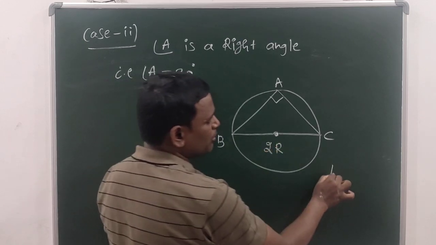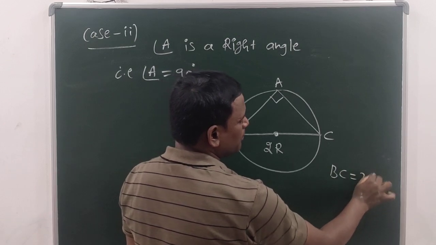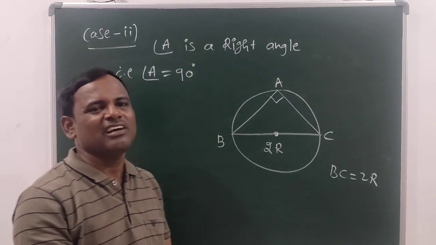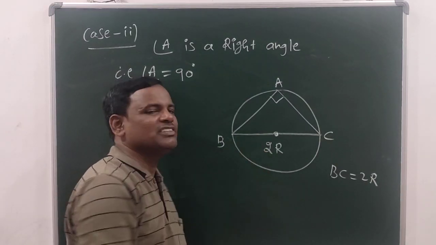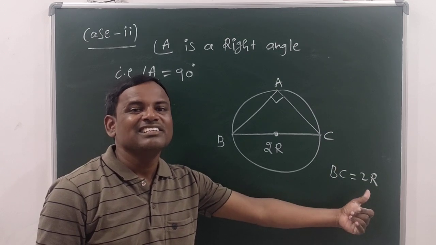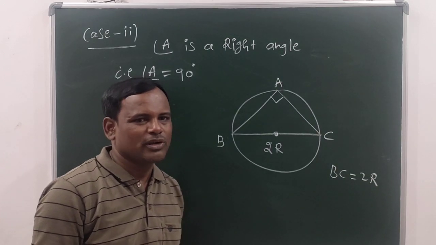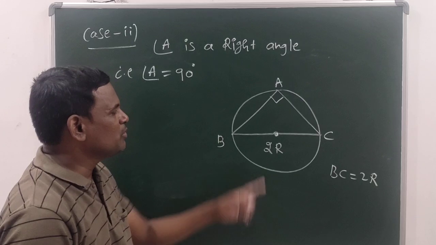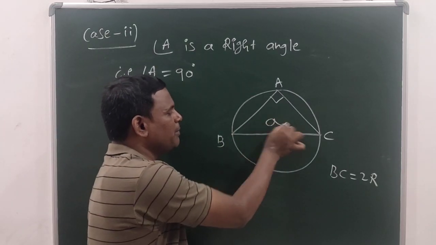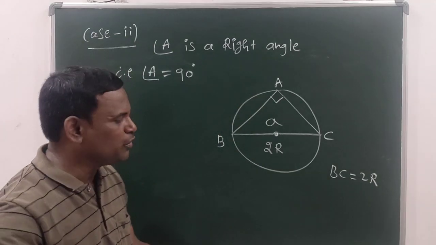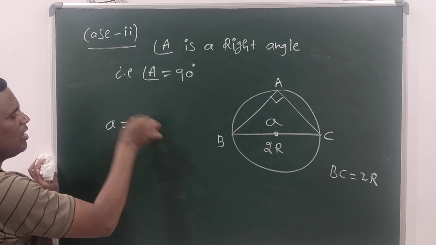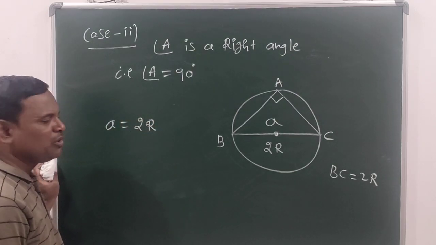So BC length is equal to 2R, because 2R is the circumdiameter, double the radius of the circumcircle. But as you know, the length of the BC side of triangle ABC is denoted by small a. Hence a is equal to 2R.